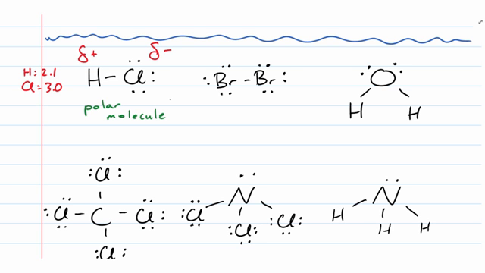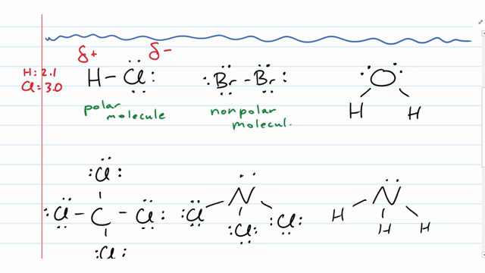Now if we go back to bromine, we have two like atoms bonded together. That means that the bond between them is a nonpolar bond. The bond is nonpolar. We can't assign partial positive or partial negative. So if all of the bonds in a molecule are nonpolar, that means that the molecule is nonpolar as well.